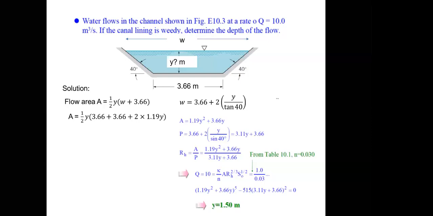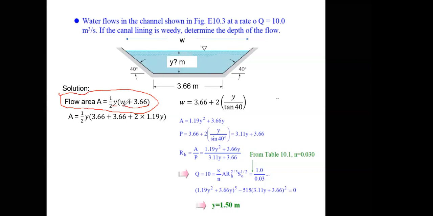First, we need to calculate the hydraulic radius in our case, but we don't know yet what the area is. So the flow area based on the trapezoidal formula is equal to half times the height times the sum of the base and the top over here.